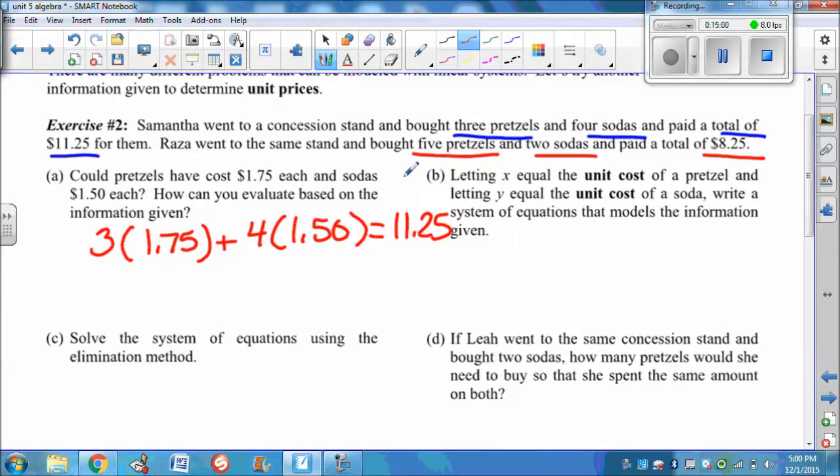If you go through and evaluate that, we end up with that this is true. That first one is true.